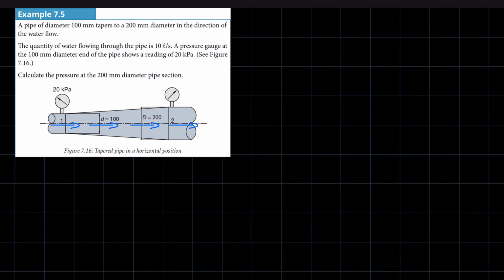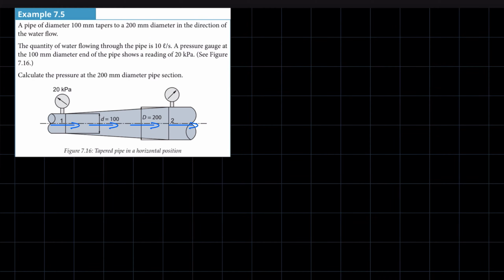As the pipe tapers from a smaller diameter to a bigger diameter, the water flow follows that direction. The quantity of water flowing through the pipe is 10 liters per second. A pressure gauge at the 100 millimeter diameter end of the pipe shows a reading of 20 kilopascals. See the figure below. Calculate the pressure at the 200 millimeter diameter pipe section.